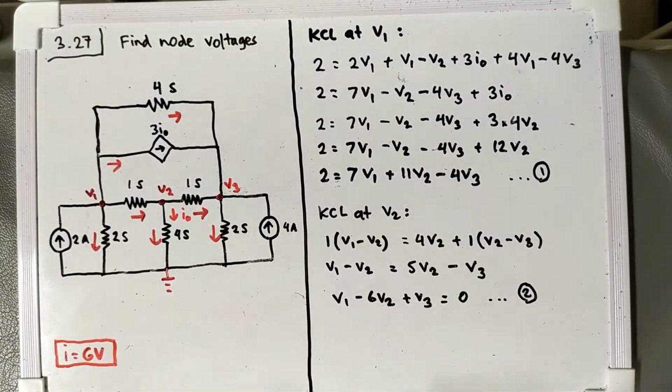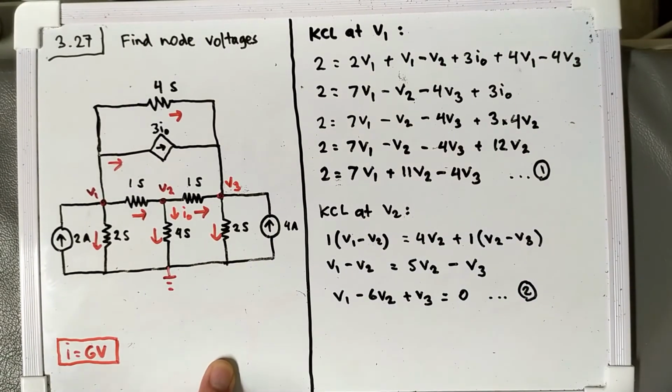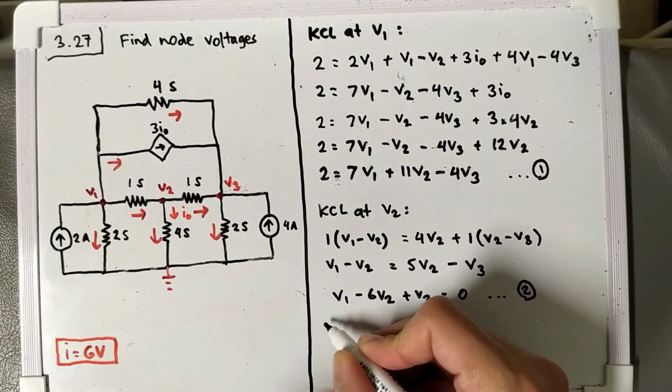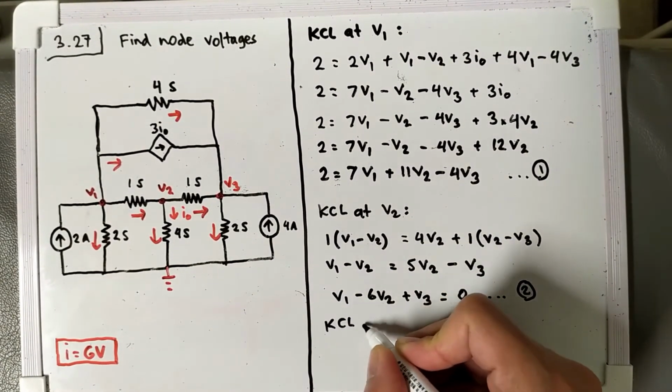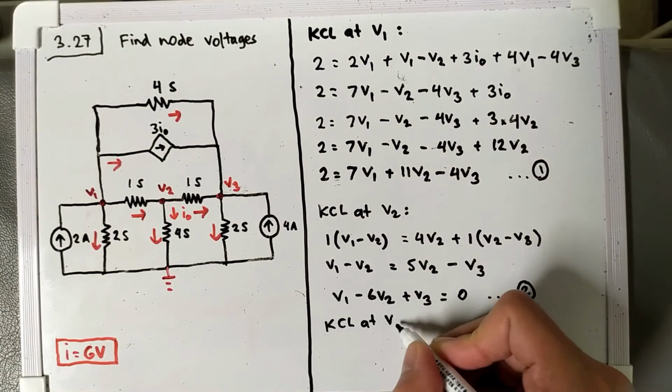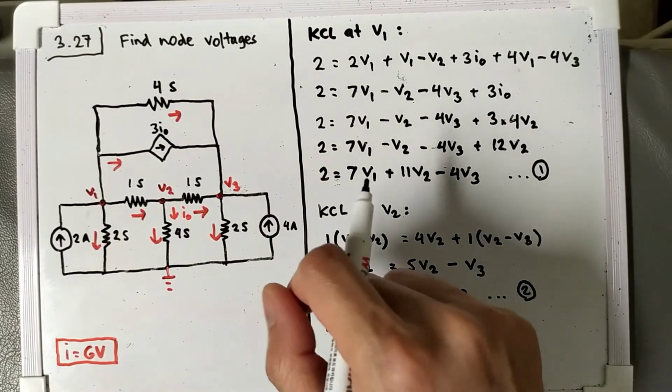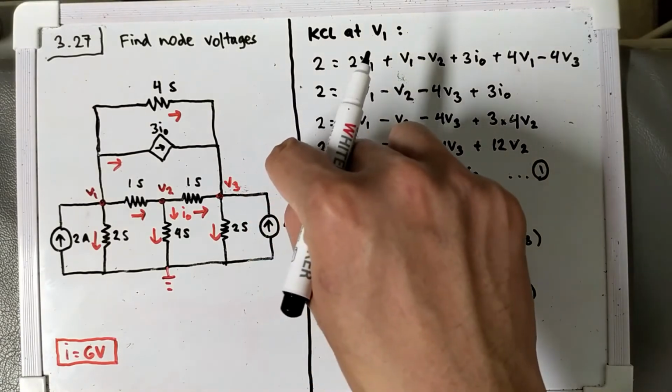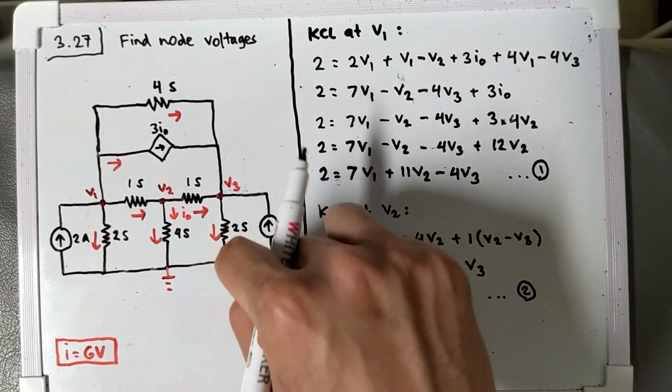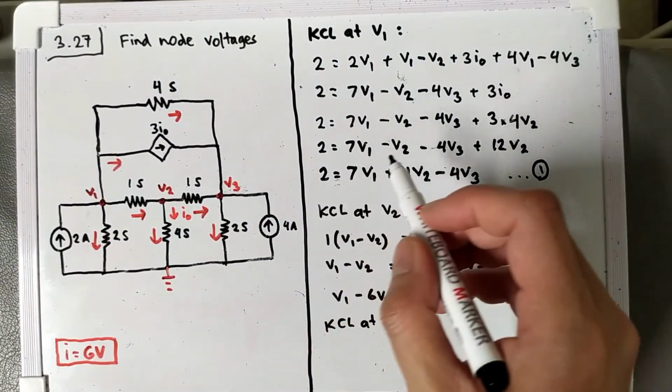And now we are looking at this node, KCL at V3. All the current is going in except for this current, so let's do that.